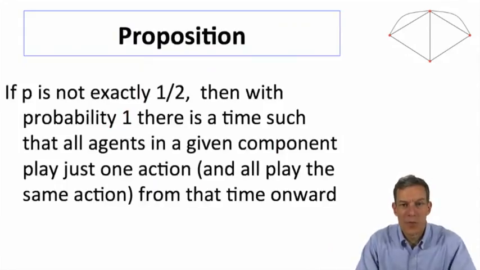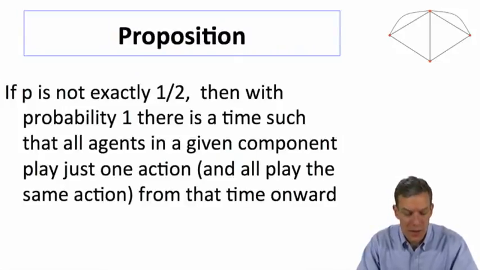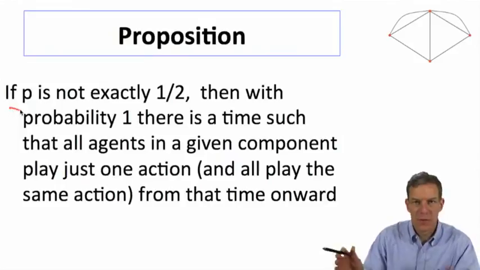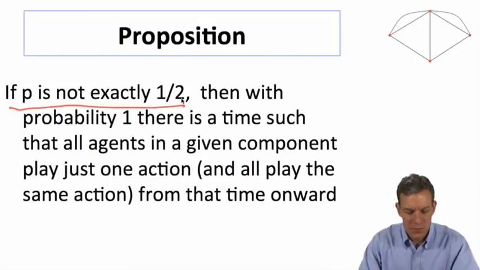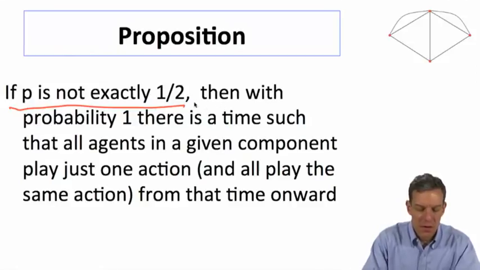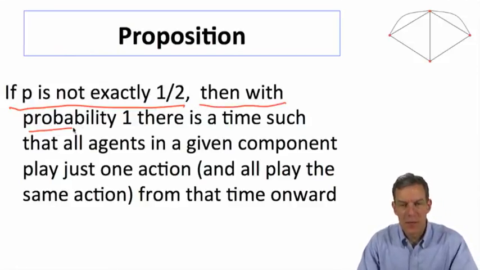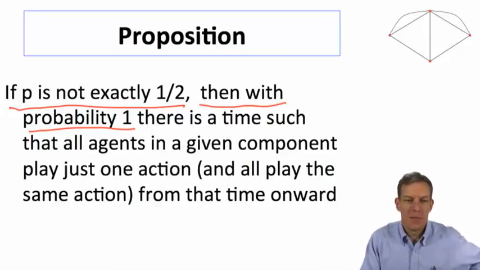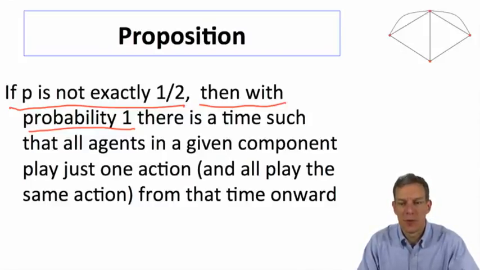So what's a proposition you can prove then fairly directly? The first thing you can show is, let's suppose P is not exactly a half, where I'd be indifferent between choosing an action. Then with probability 1, there'll be a random time such that all agents in a given component play just one action and play the same action from that time onward.